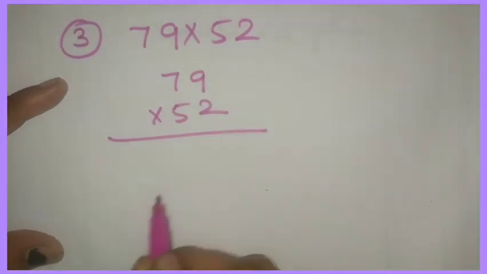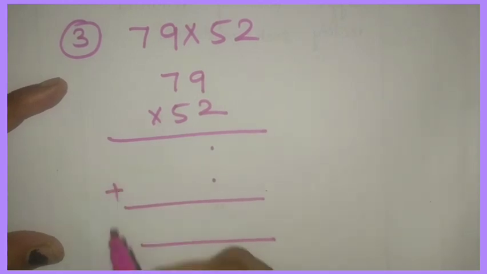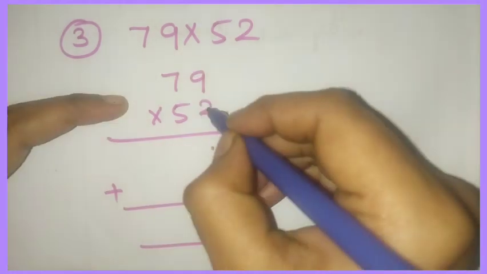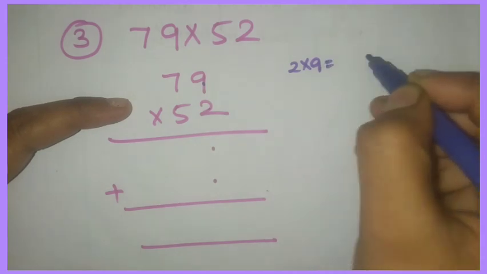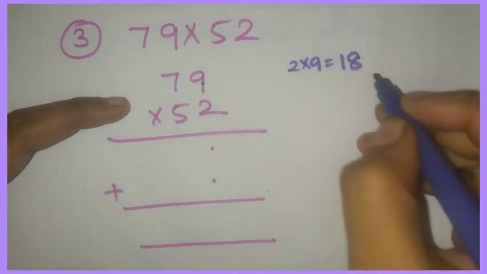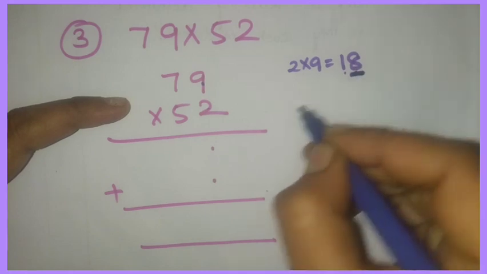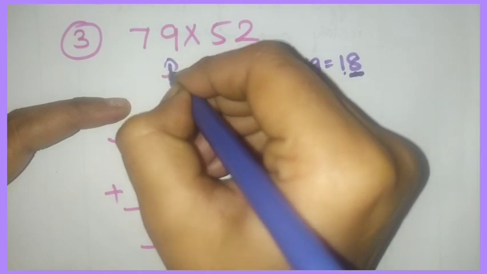Now it is also a 2-digit number, so we'll get 2 steps. Look here children. First we will multiply with the ones place. 2 9s are 18. 18 is a 2-digit number. So we'll write the digit in the ones place here and the digit in the tens place is taken as carry.